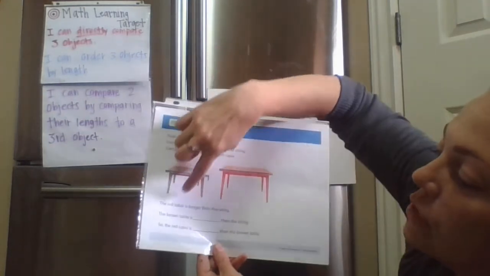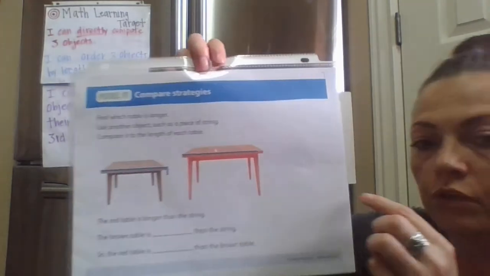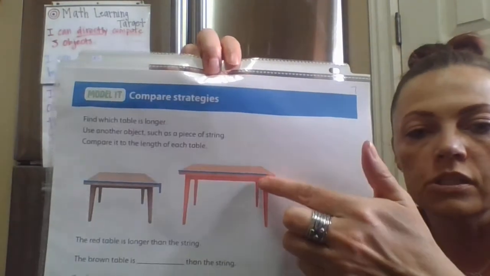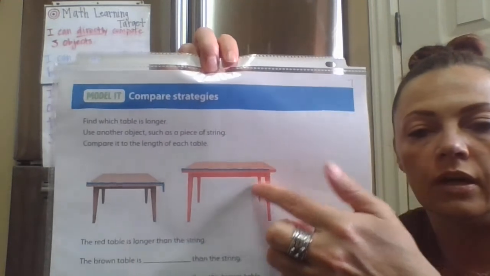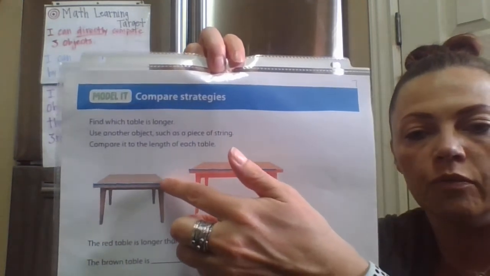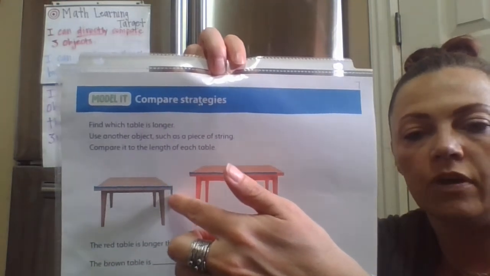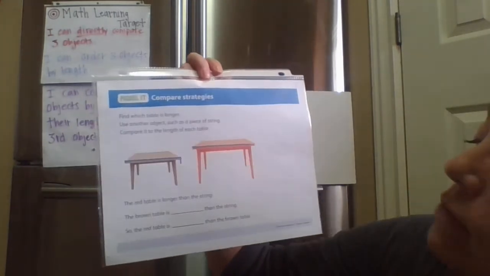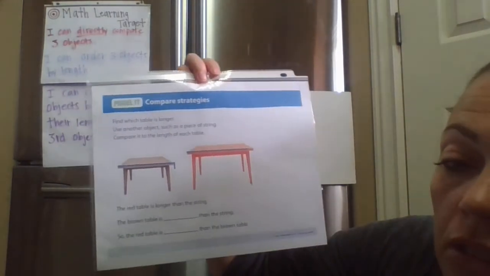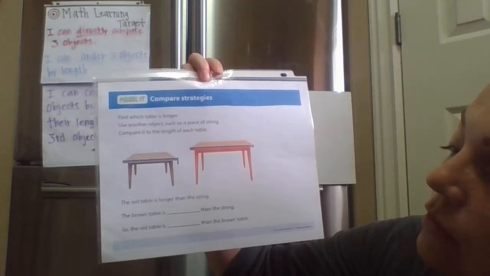And down here it says the red table is longer than the string. So if you look really close, the string is not long enough to measure the whole table. There's a little piece right there. And if you look at this table, the string is longer than this table because it falls off the edge right there. Okay? The brown table is longer or shorter than the string?